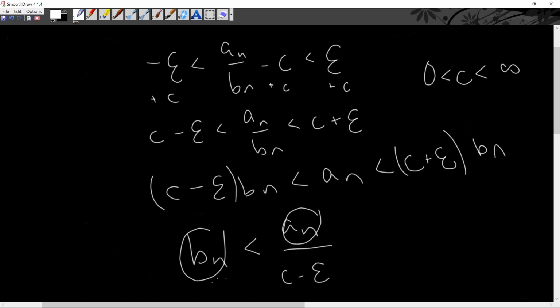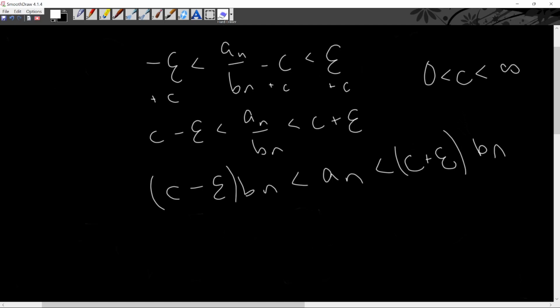So this is less than a fraction of a sub n. Of course, b sub n is less than a sub n over c minus epsilon, so if a sub n converges, then b sub n converges. And that's proving half of this test.